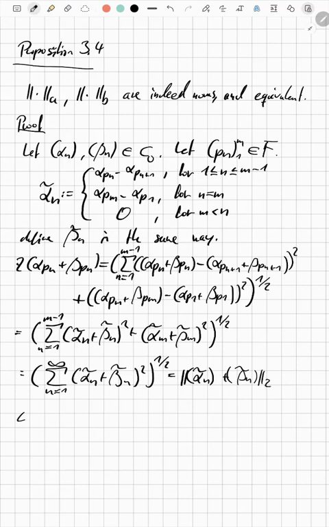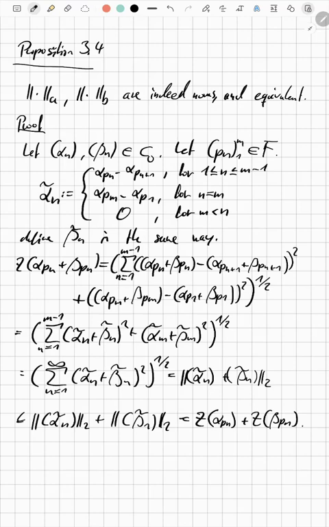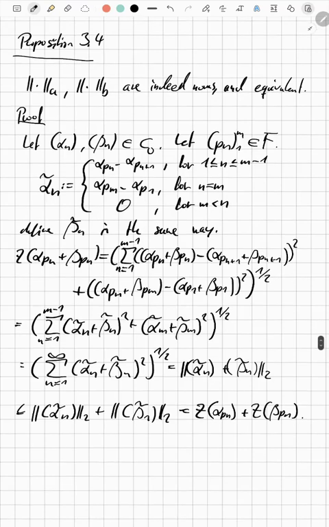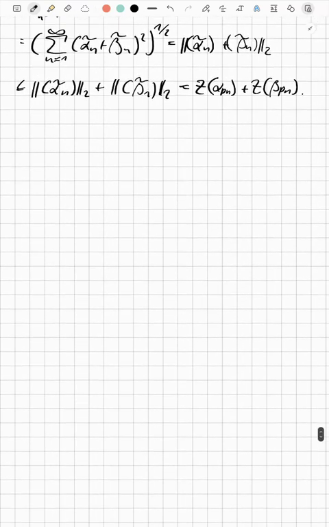And then we apply the triangle inequality of the 2 norm. So we have the 2 norm of alpha n tilde plus the 2 norm of beta tilde n. And this is actually nothing but z of alpha Pn plus z of beta Pn. Okay, and in total, we will now get the triangle inequality for the A norm.